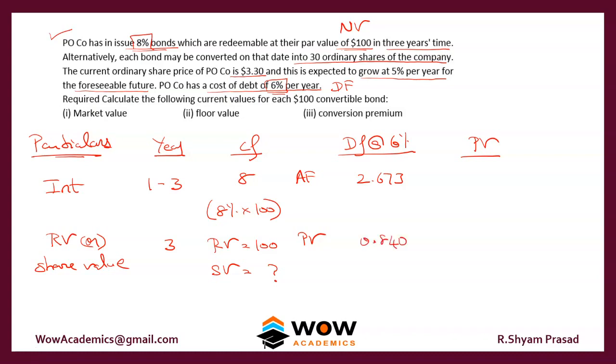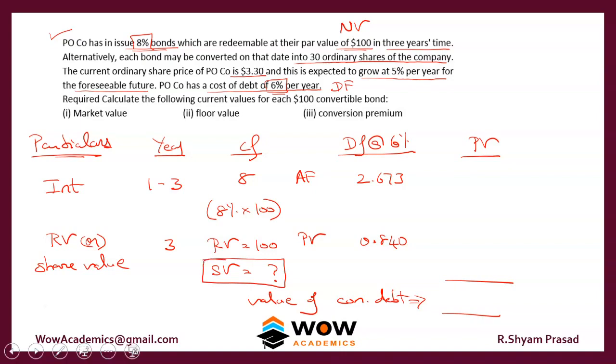Okay, so we have got the table. We can also find out the value of convertible debt easily. The only thing that we have to get is the share value. So for finding out the share value we'll do it here.